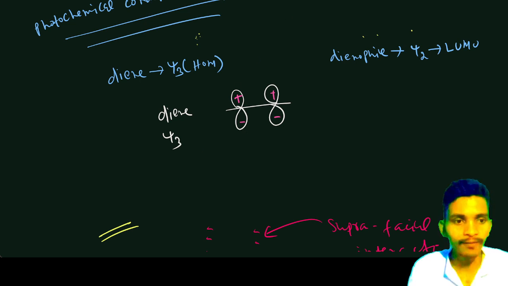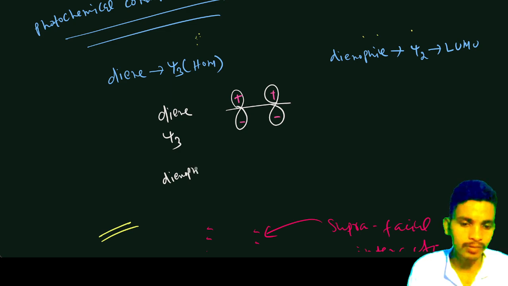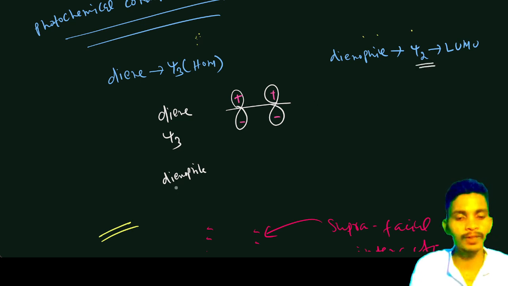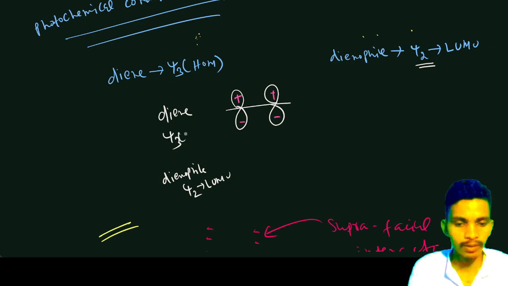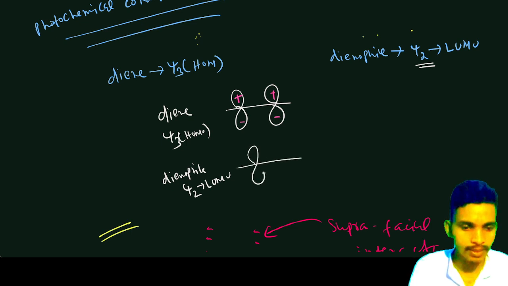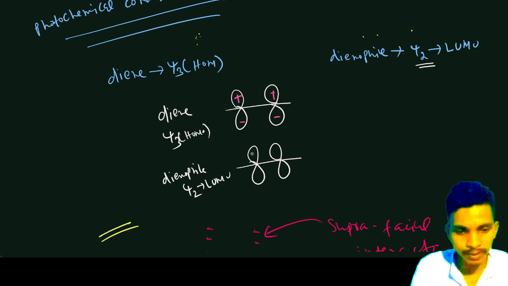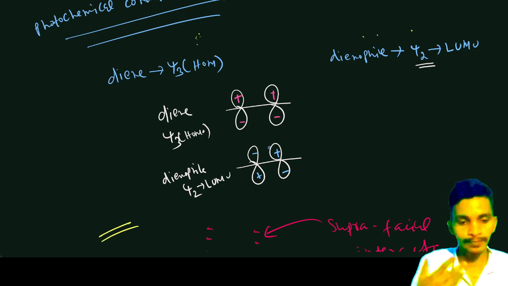And for the dienophiles, this is side 2, an even number, so side 2 is the LUMO here, and this is the HOMO here. So one is negative, this is positive, then this also will be positive and negative, because this is an even number, they have opposite signs.